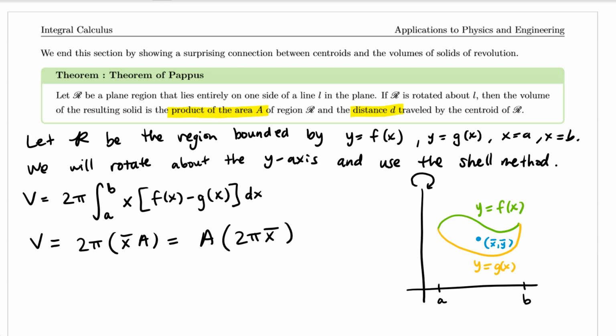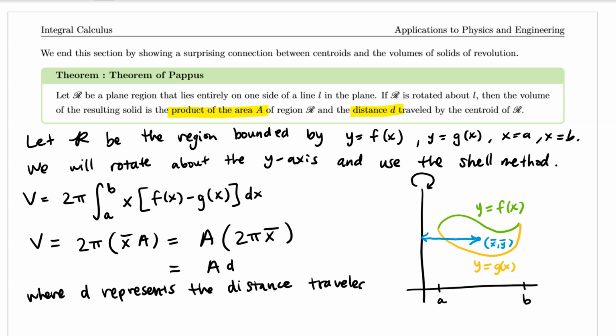And the circumference that it would be traveling is 2 pi times the radius. And in this case, the radius is x bar. So we can take this and we could write this as A times d, where d represents the distance traveled by the centroid. And that concludes our proof.